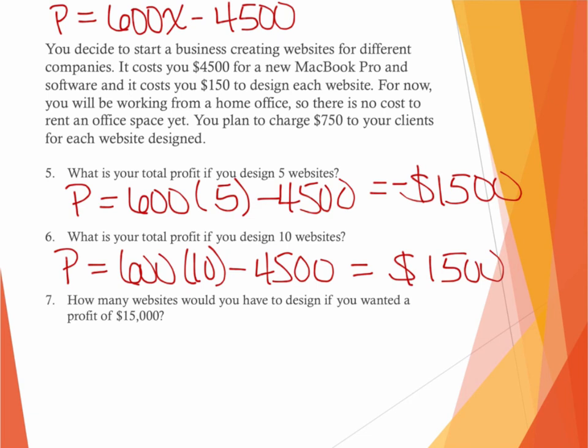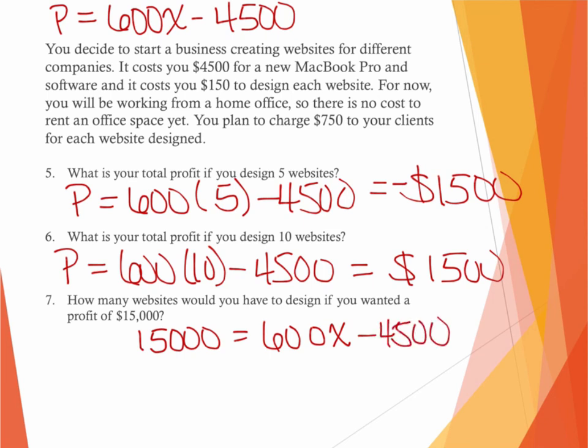How many websites would you have to design if I wanted a profit of $15,000? So if I want my profit to be $15,000, we need to figure out how many websites we need to create. So I could solve this equation.